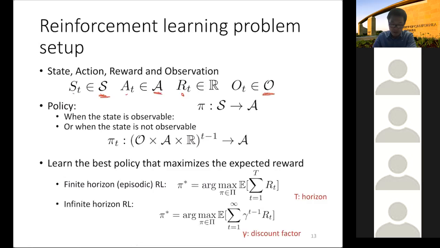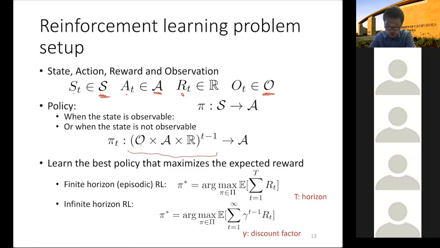Now, what is a policy? Generally speaking, a policy is how the agent is going to be making the decision. It is a lookup table into which you substitute the entire trajectory of state, action, reward, or observation, action, reward triplets up until this point, and you take this as an input.